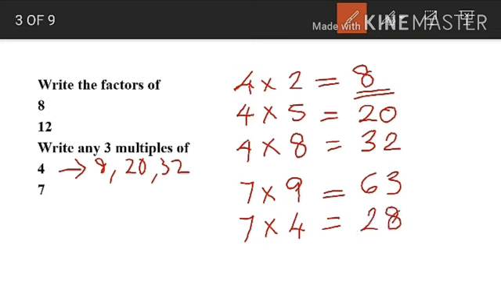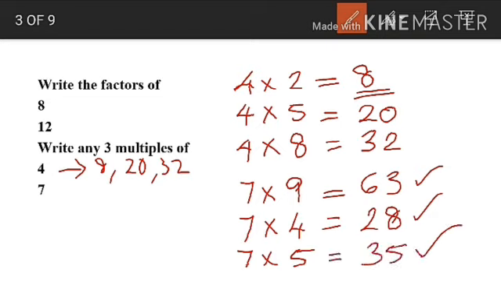We have to find 3 multiples, and so far we have 2, that is 63 and 28. Now we will multiply 7 into 5, which is equal to 35.